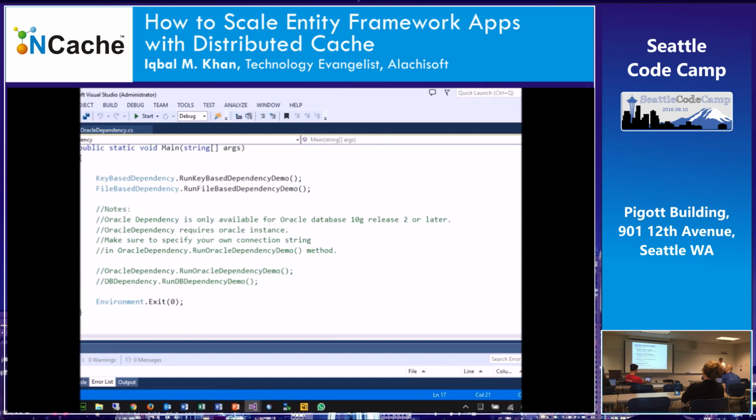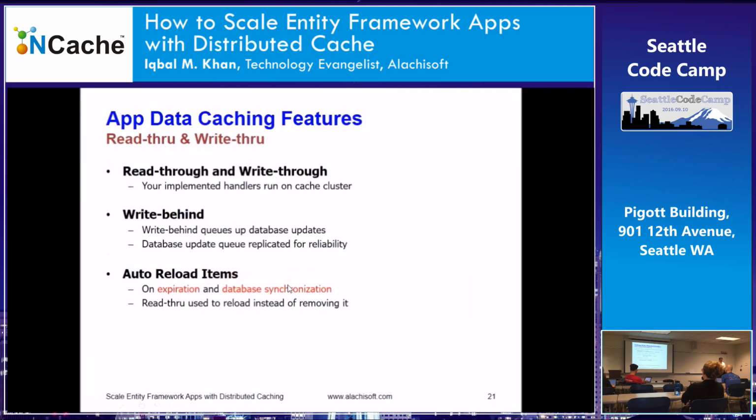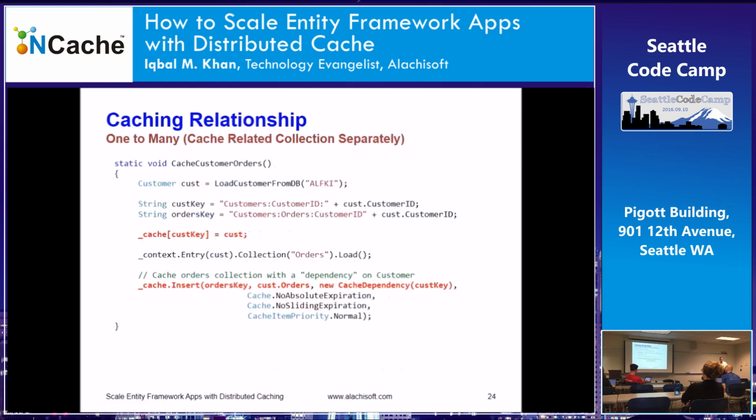Let's say that you need to maintain a one-to-many relationship. So you are going to go and load a customer and all of its orders from the database. And when you're caching it, you want to create that dependency.